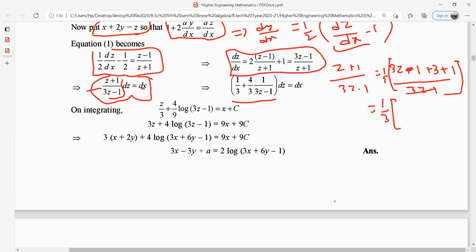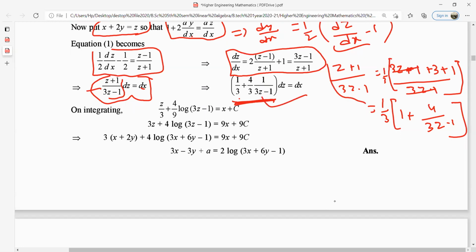This part is neglected, so here only 1 comes. After that, 4 by 3z minus 1. So you have to check here, 1 by 3 plus 4 by 3. So here also 4 by 3. If we multiply by 1 by 3 here, we directly find this.